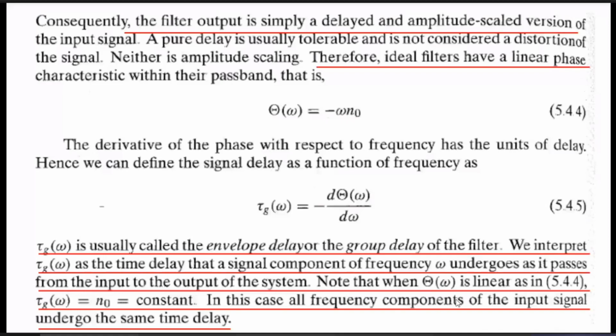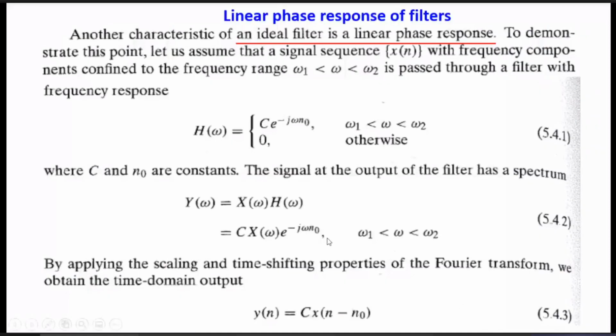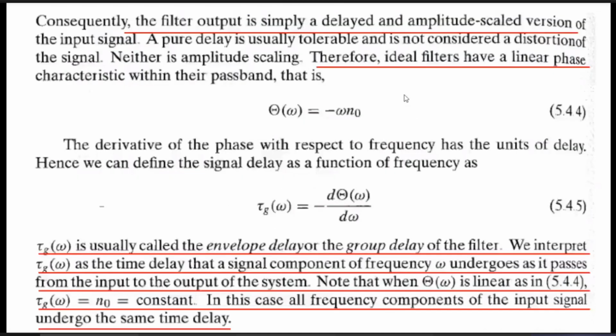If you pass the input signal x into such a filter, where the transfer function is C into e to the power minus j omega n0, the input signal undergoes a delay and scaling by some value. So the filter performs some delay of the input signal.